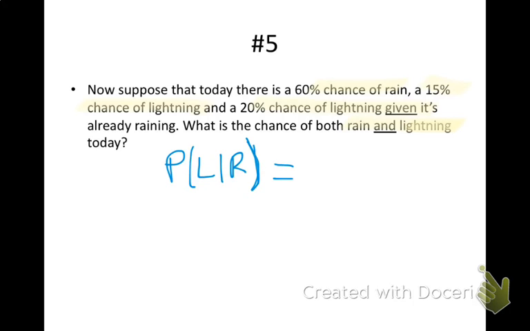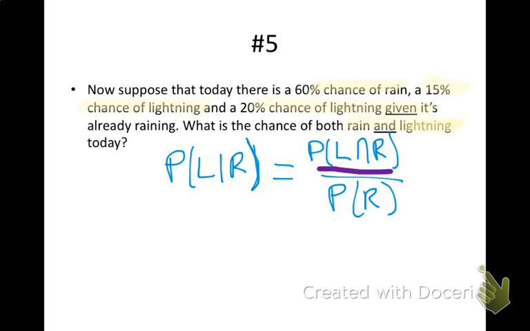Well, we just used that formula. Lightning given rain will be equal to the probability of lightning and rain over the probability of just rain. So what I'm looking for here is this. That's what we're going to try to solve.